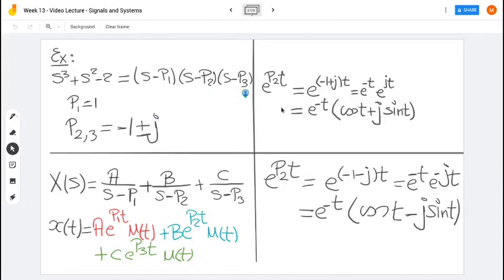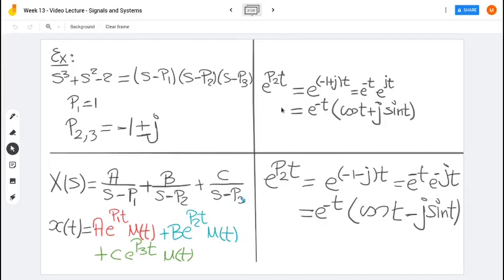As you can see, p1 is real valued, p2 and p3 are complex conjugate poles. So X of s can be expressed as a constant over s minus p1 plus another constant over s minus p2 plus a third constant over s minus p3.